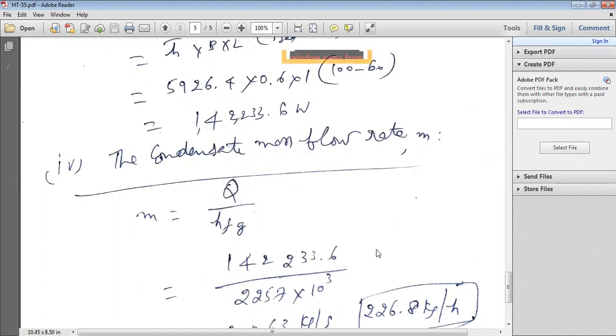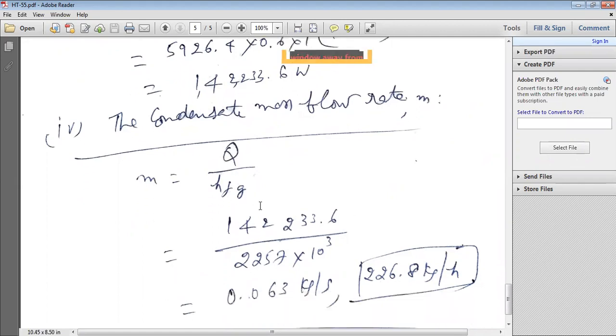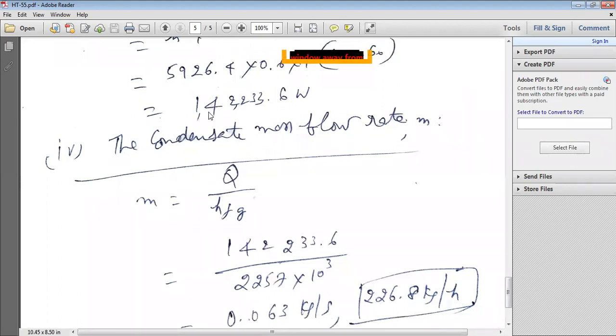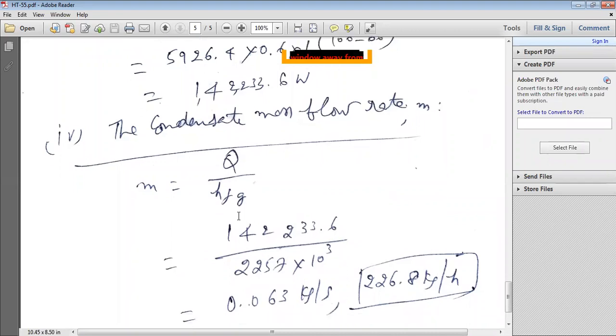Capital Q is already calculated by applying the McAdams correction, 1,42,233.6 divided by h_fg, 2257 kilojoules, in joules 2257 into 1000.